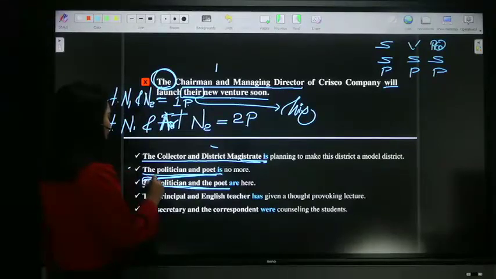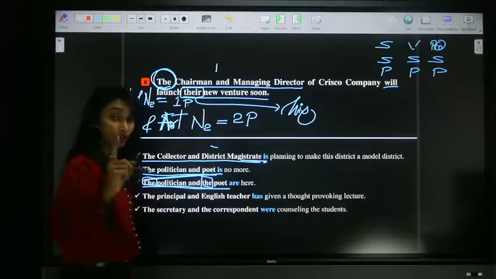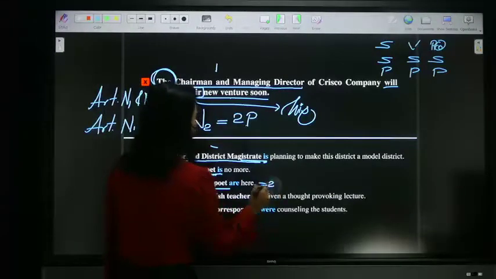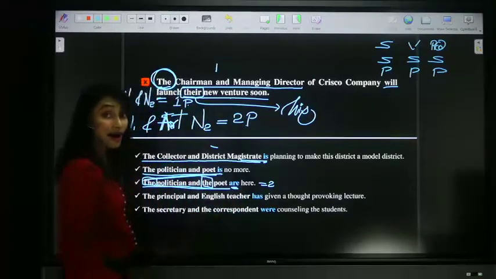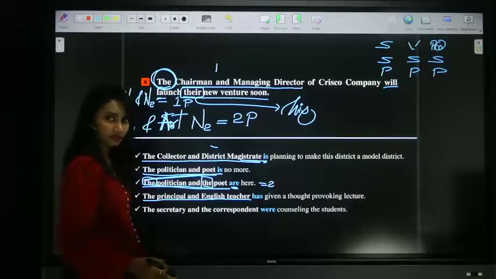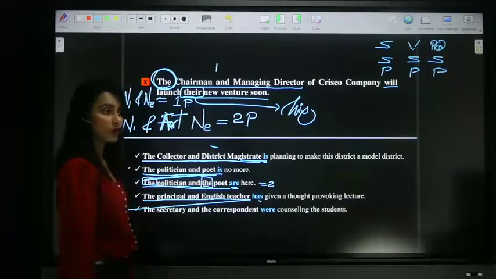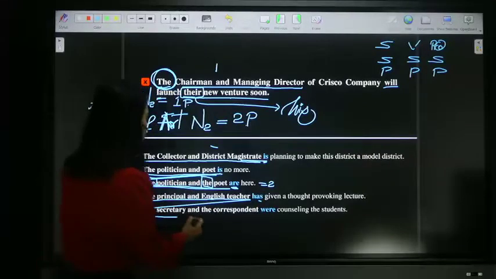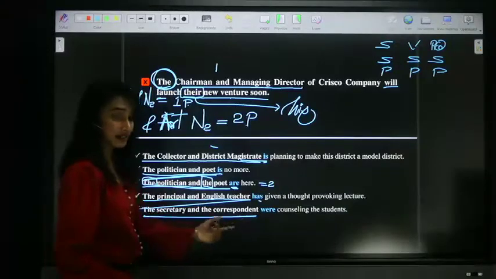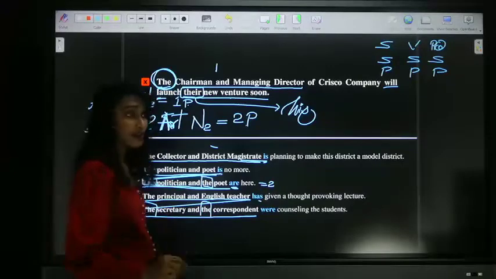The politician, one; the poet, two. There are two different articles, so there are two different persons. That's why we have used the plural verb are. The principal and the English teacher: only one article, one person has given a thought-provoking lecture. The secretary and the correspondent: two different articles mean two different persons.